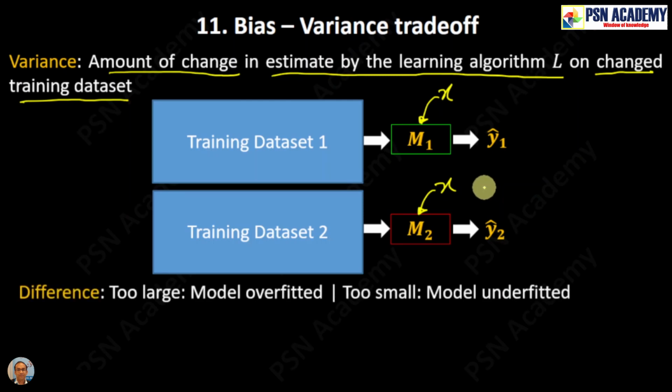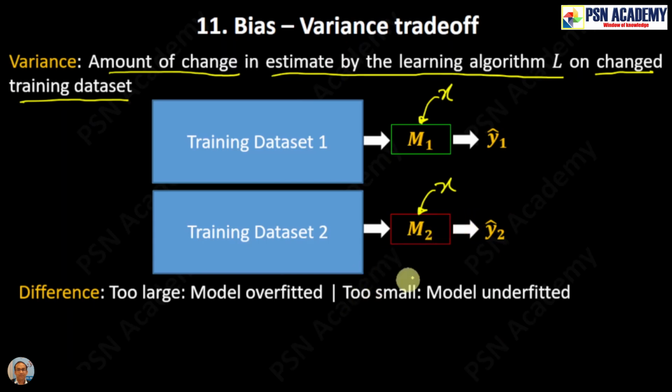Now, if this change is too large, that means y1 hat is very dissimilar from y2 hat, then we say that your model has overfitted. That means M1 has become too specific to dataset 1, while M2 also has become too specific to dataset 2. That is why there is a large difference between y1 hat and y2 hat, and we say the model has overfitted.